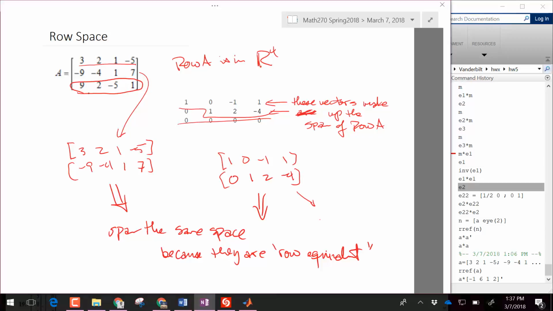I wonder if the null space and the row space will have any vectors in common. What do you guys think? Aside from the origin, do you think those two subspaces will have anything in common? So they should have a one-dimensional thing in common, right?